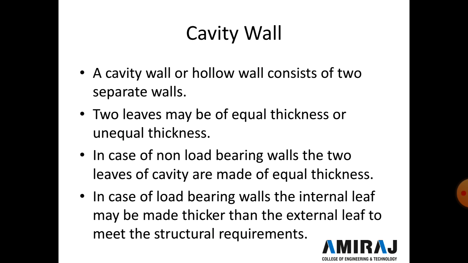Clear? In a load bearing wall, the inner leaf may be made thicker than the external leaf, so the inner wall thickness is higher compared to the external. For example, if the external wall thickness is 20 centimeter, we take the inner wall thickness as 30 centimeter. So these are the cavity wall general rules.